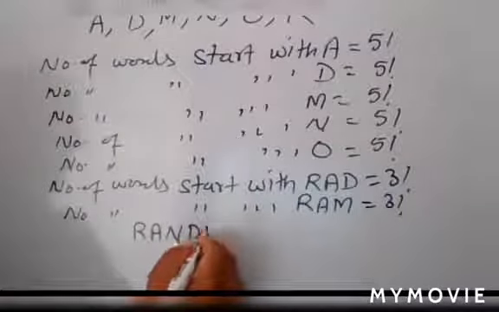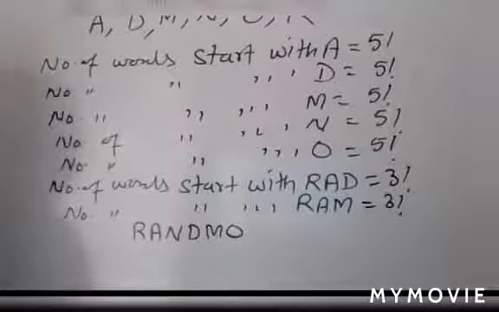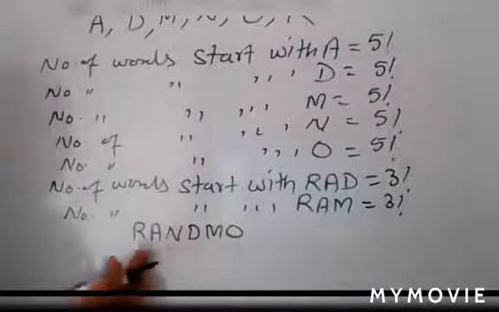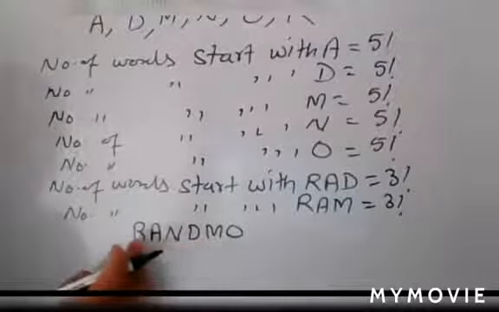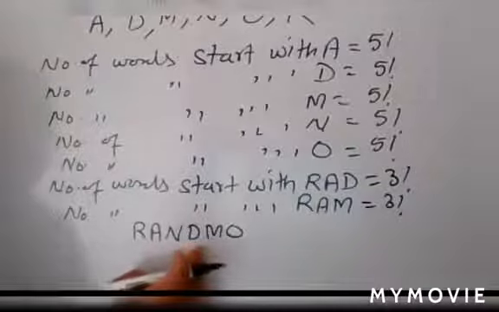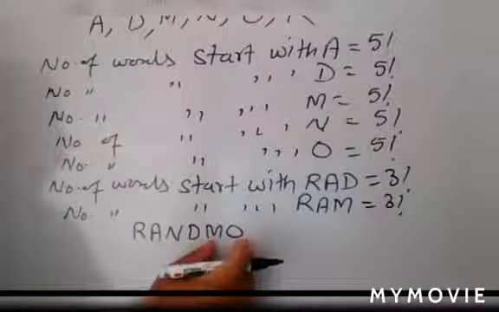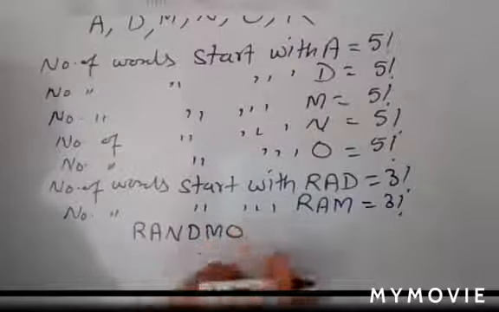MO. So in this way, here you have your word. Then next means RAND. If you are taking two letters after RAND, no doubt you have only two letters that can be arranged in two ways.